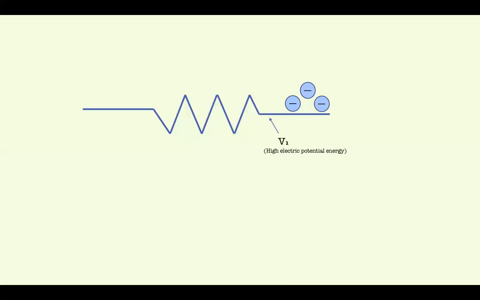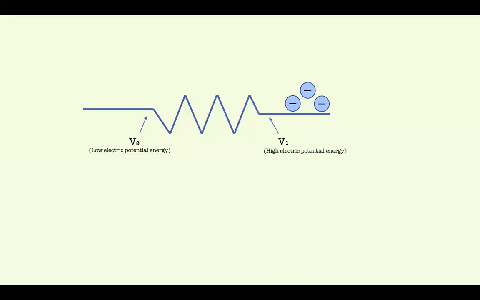Now, as the charges pass through the resistor, its electric potential energy decreases and leaves us with a lower electric potential energy. We're going to represent this on the other side of the resistor with this arrow and V2, which is our final voltage, and it's in a low electric potential energy state.